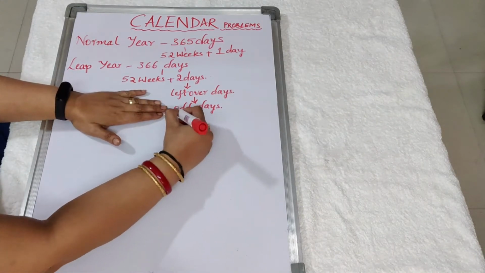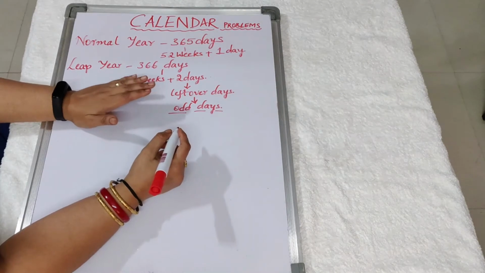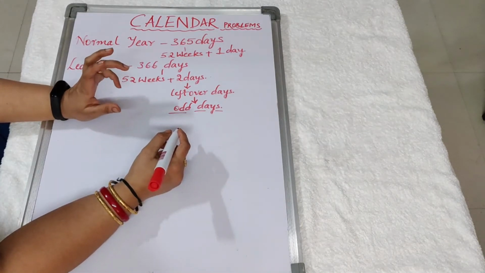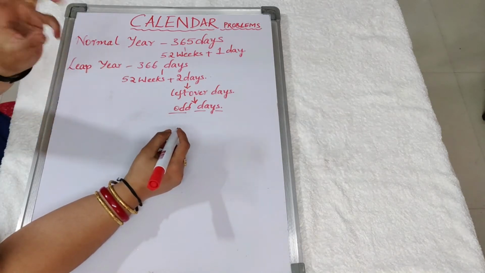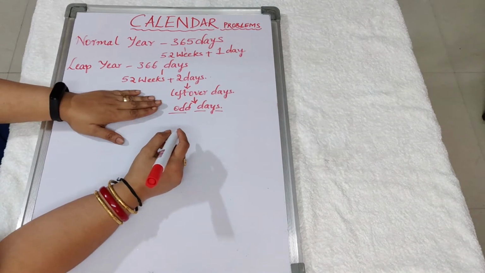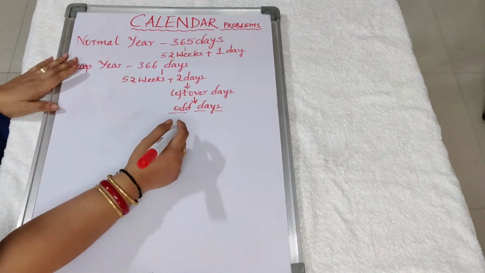Now these odd days are really important in finding the particular day of a particular month in a particular year. So how do we do this?